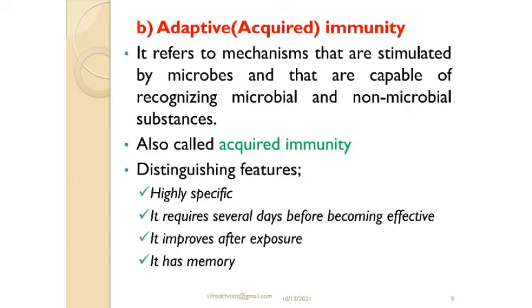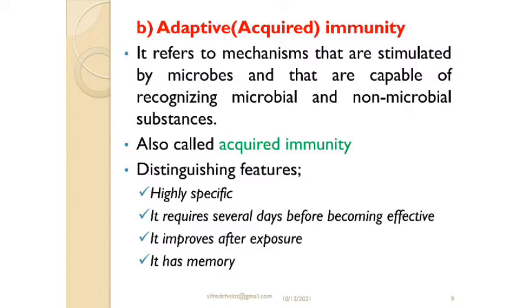So the second type of immunity is adaptive, which is also referred to as the acquired immunity. This is the mechanism that is stimulated by microbes or the disease-causing agents and is capable of recognizing both microbial and non-microbial substances.